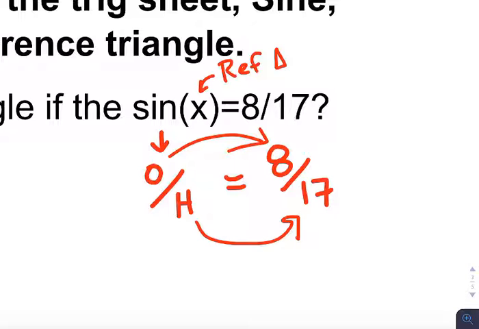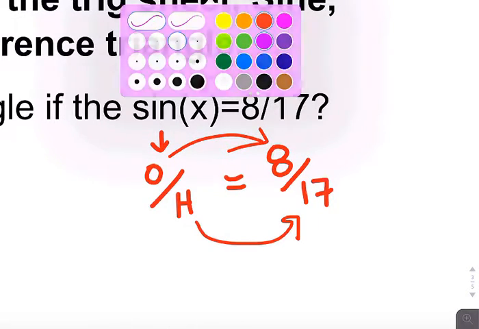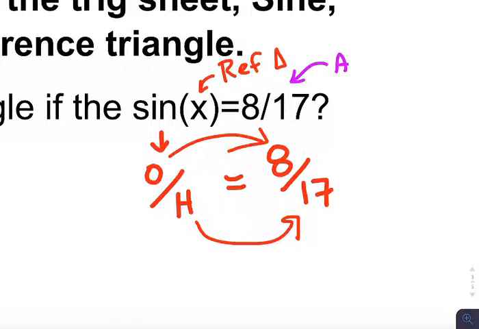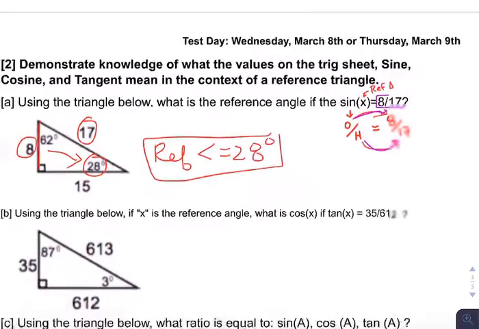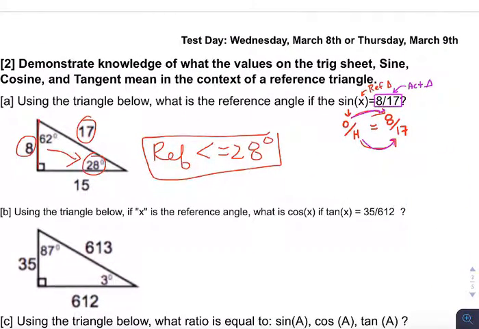And since these both represent a triangle, this side being the reference triangle, and of course, this being the actual triangle, that means the ratio has to determine which pieces these are, the O being the 8, the H being the 17. And so on the actual triangle, we're looking for those two pieces, the opposite of an angle being 8, and of course hypotenuse being locked at 17. If we're looking at the 8, the only opposite angle is 28. Therefore, that has to be our reference triangle.